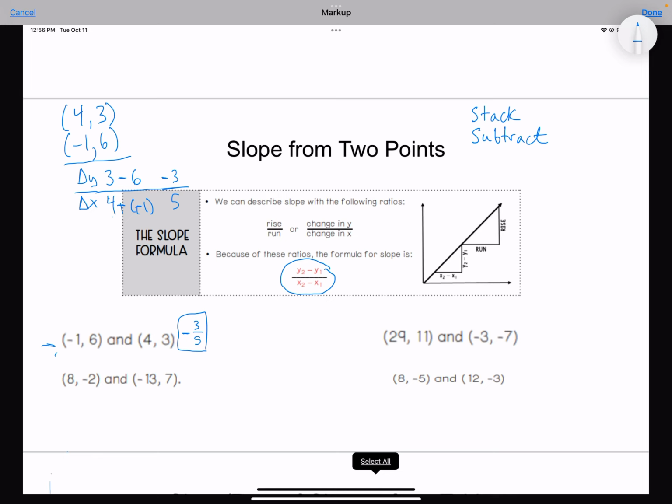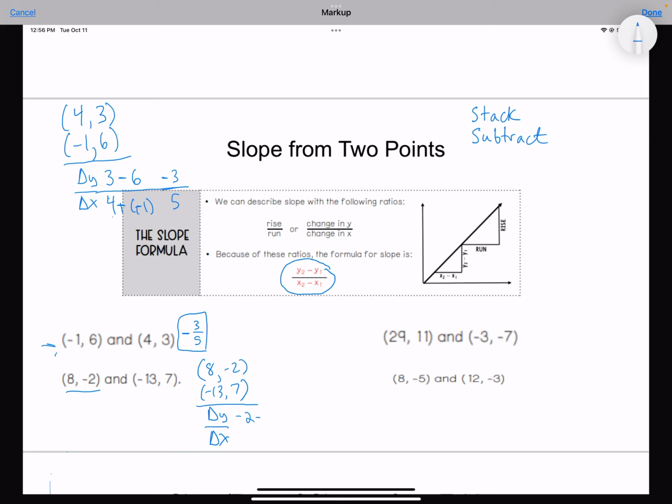This one, I'm going to go ahead and put this one on top. And I'm going to put the negative 13 on the bottom and 7. It's change in y over change in x. That's to remind myself I'm subtracting y's first.